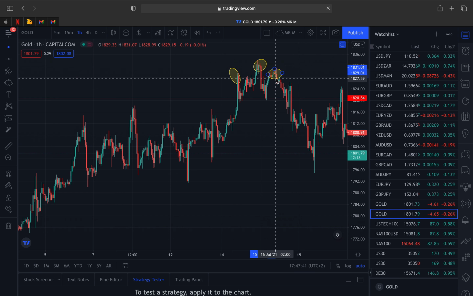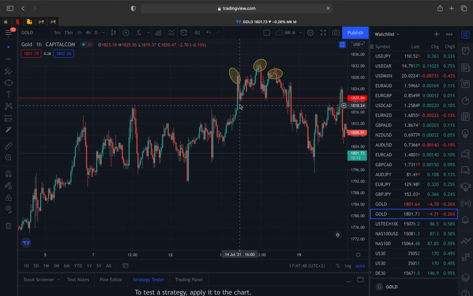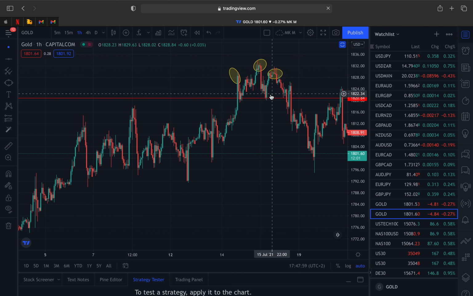Okay, there we go. So there is your head and shoulders. Which means the correction of the left shoulder and the correction of the head, as you can see, are aligned. That's when we have our head and shoulders.